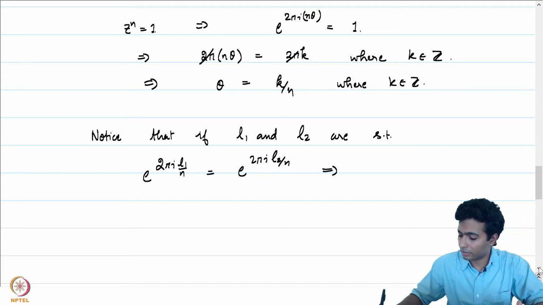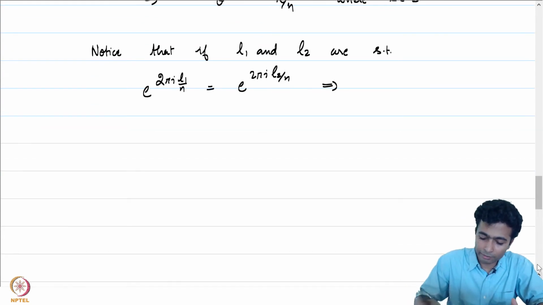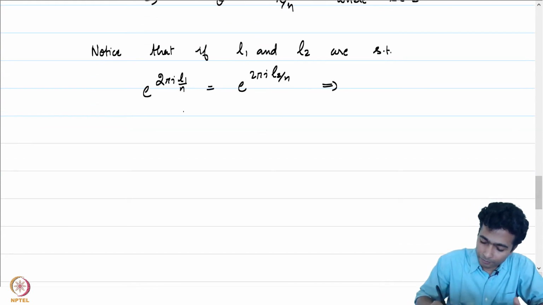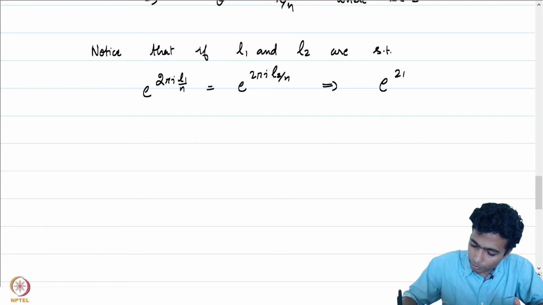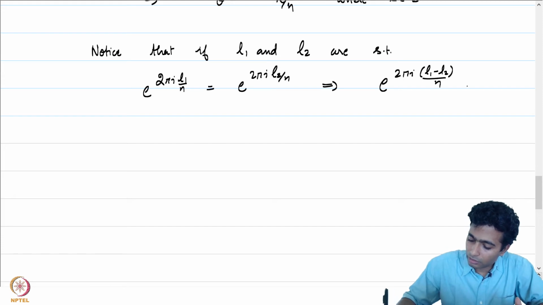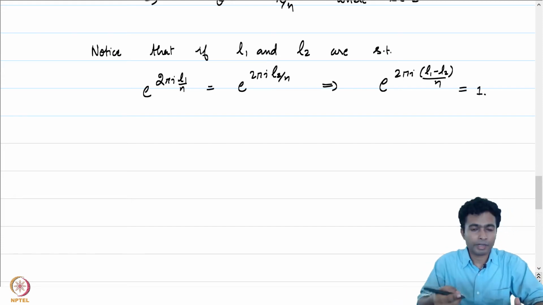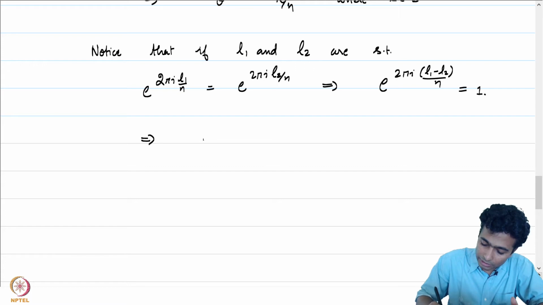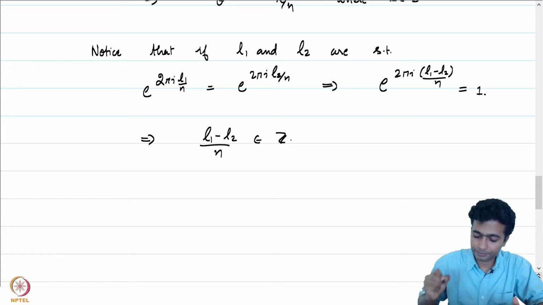This again, by a very similar argument, after multiplying by the complex conjugate, implies that e to the power 2 pi i (L1 minus L2) by n is equal to 1. And by a very similar argument as above, this tells us that (L1 minus L2) by n belongs to Z.